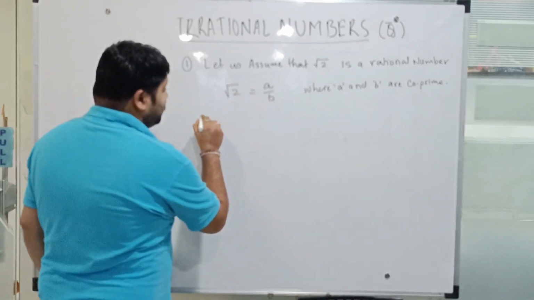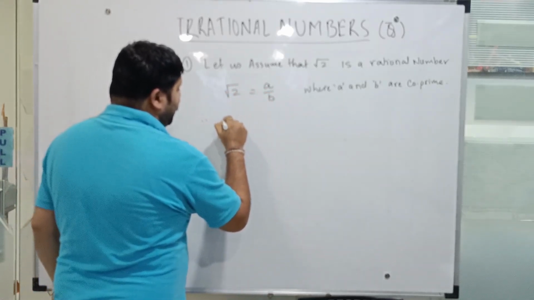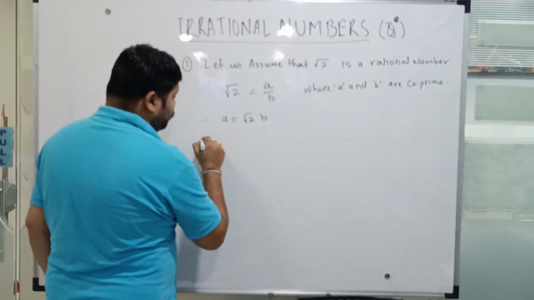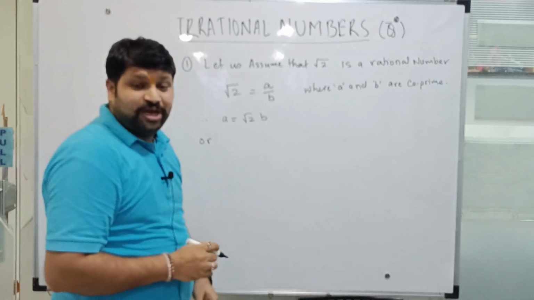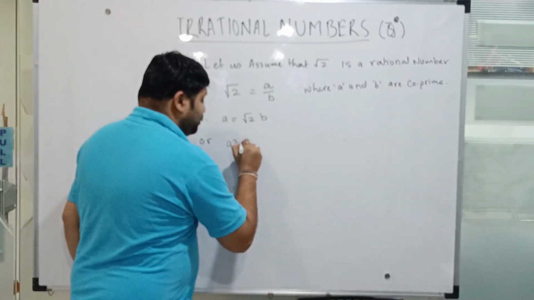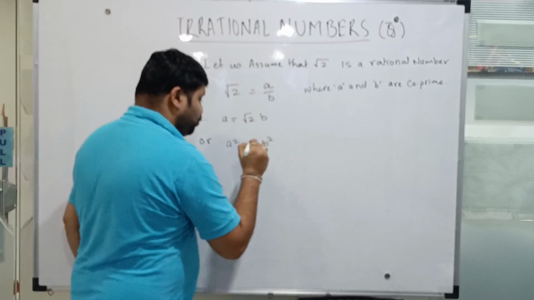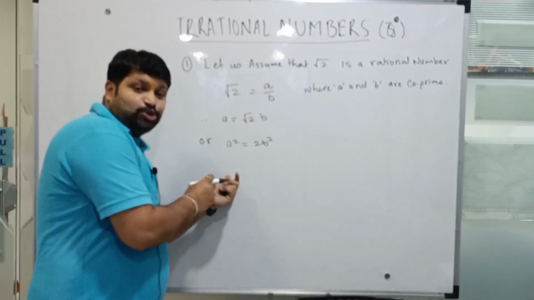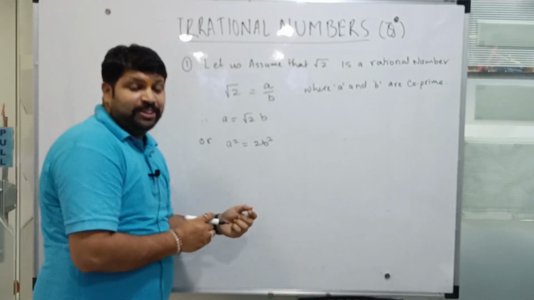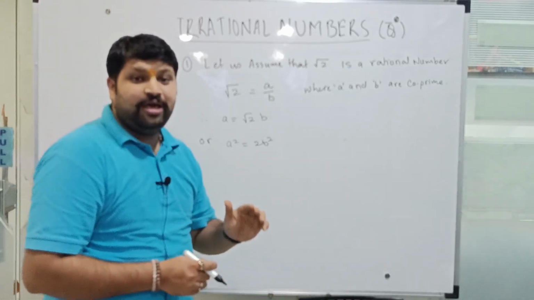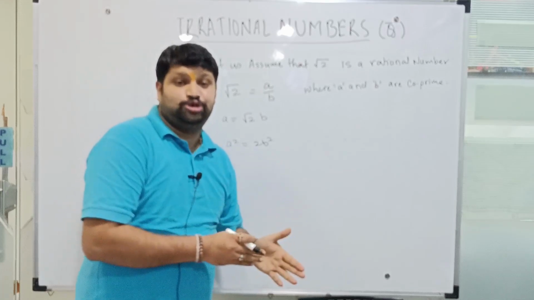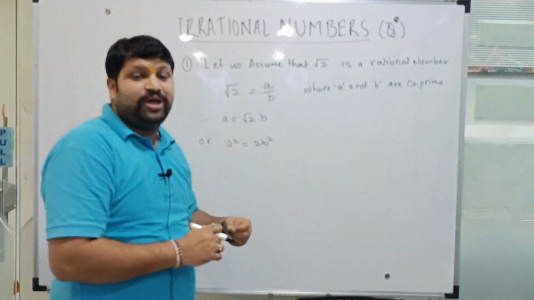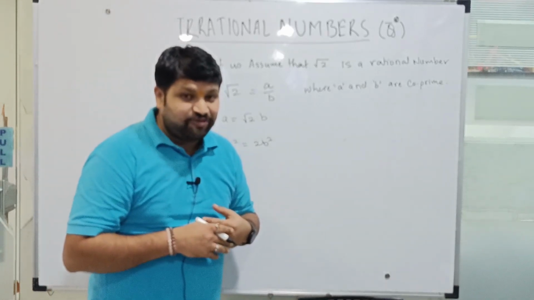So I can say that therefore a is equal to root 2 multiplied by b, or by squaring both sides we can say that a square is equal to 2b square. Since a square is equal to 2b square, it would mean that a square is an even number which is divisible by 2, which would mean that if a square is divisible by 2, a should also be divisible by 2.